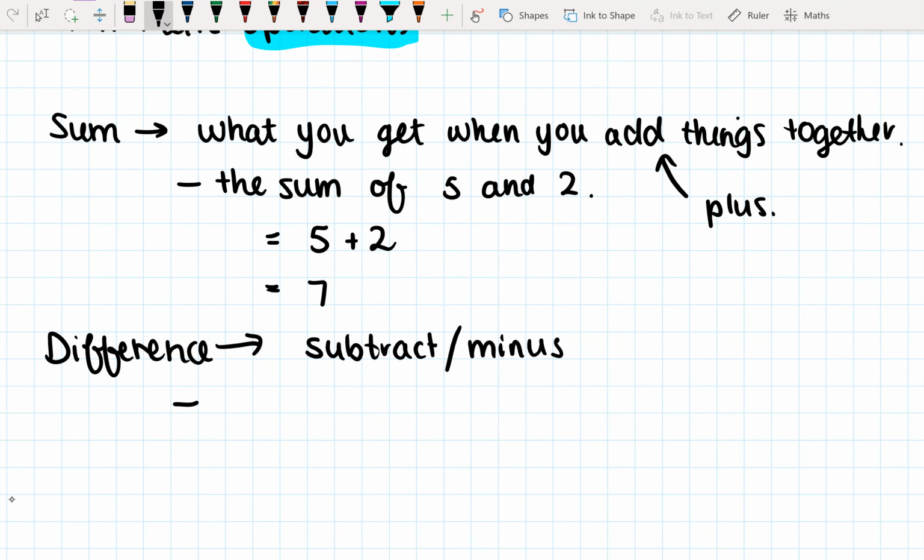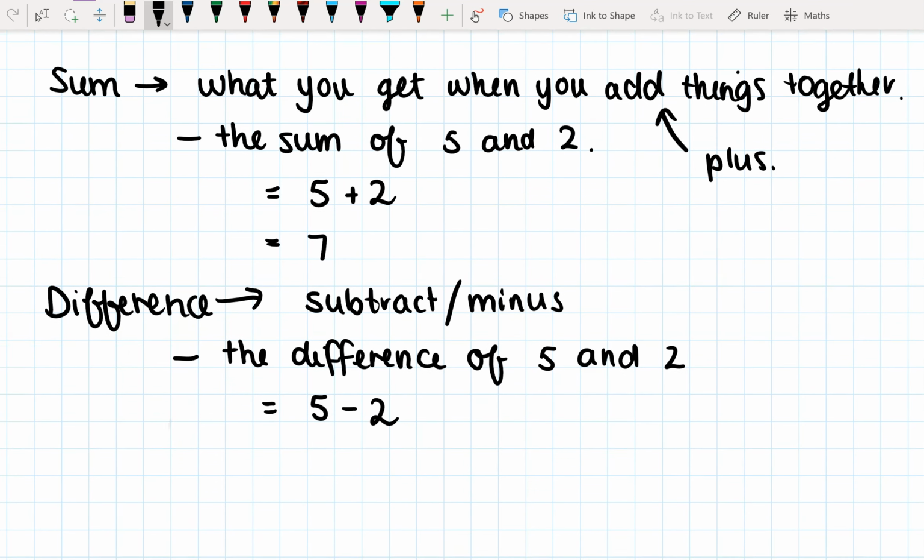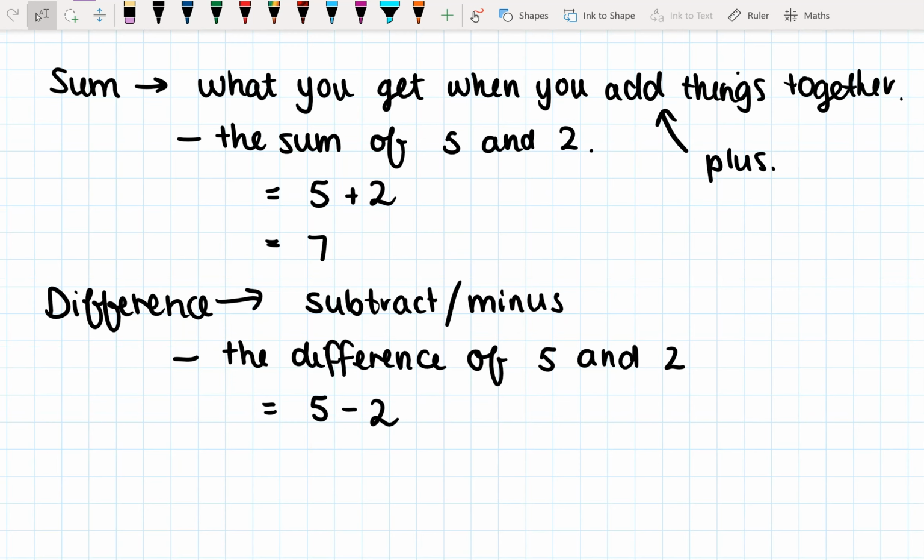So for example, if I go the difference of 5 and 2, this means that we have 5 minus 2, or we subtract 2 from 5. So we can say this in two ways.